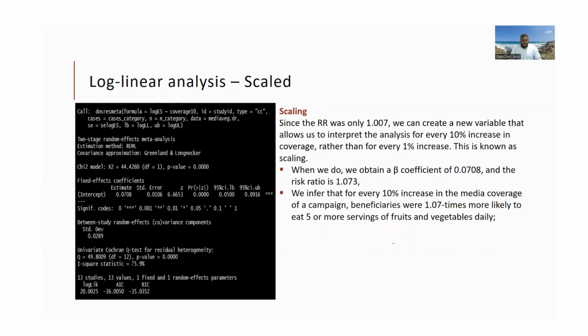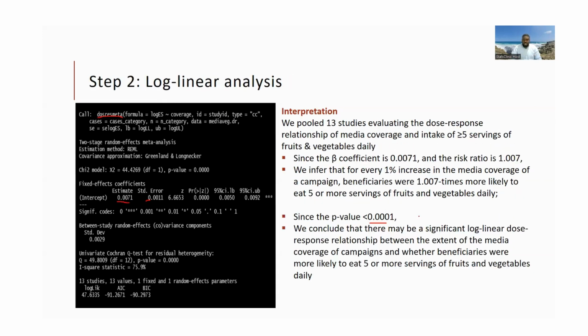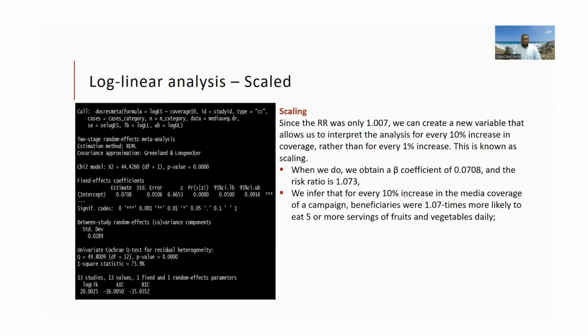We try other shapes. We can also scale the log linear, because if you remember, the beta coefficient here is 0.0071. That becomes very small, and if you're trying to interpret 1.007 times more likely, it's not very easy. So for convenience, sometimes we will scale, and then you might get 1.073. We can talk about scaling some more in the labs, but I just wanted to introduce it here.